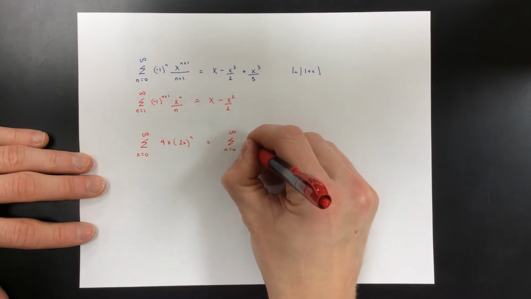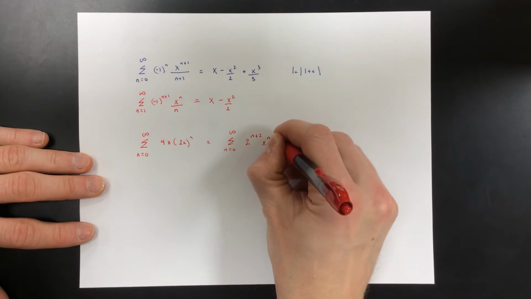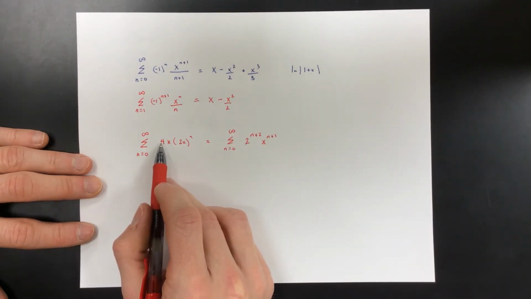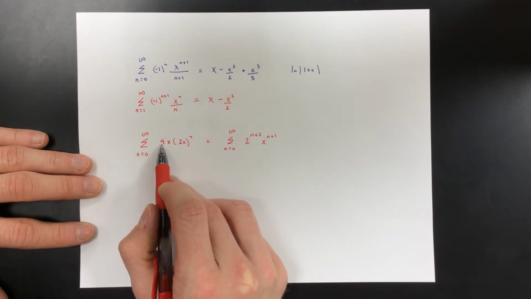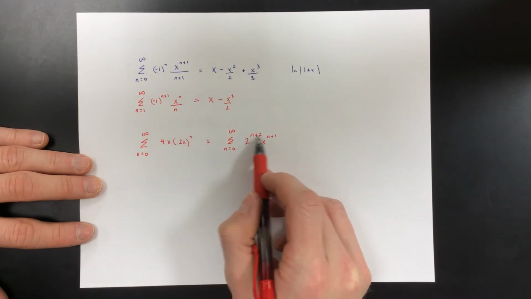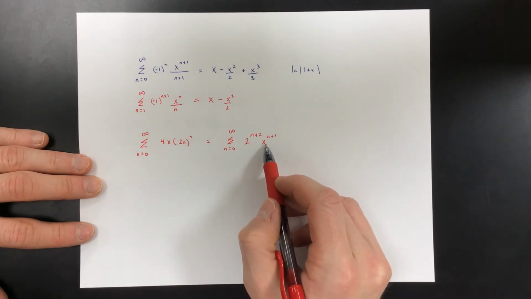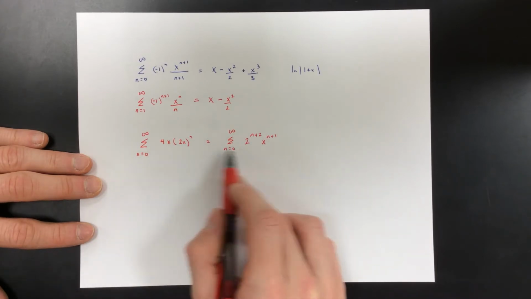Be careful on this. They'll write it like that. They'll take this 4 and realize it's 2 squared. This is 2 to the n plus 2 factors of 2, so it's 2 to the n plus 2, and this is an x and an x to the n, so that's one more factor of x, so it's n plus 1. These are saying the same thing.